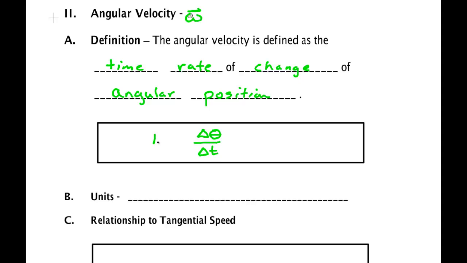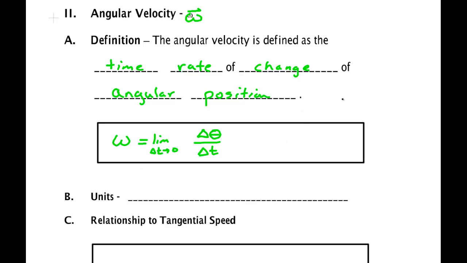And of course we're going to let that change in time go to 0. If we don't let it go to 0, then we found the average angular velocity, because it's the change in angular position, or the angular displacement, divided by the change in time. So it looks exactly the same as what we had back in the case of linear land.